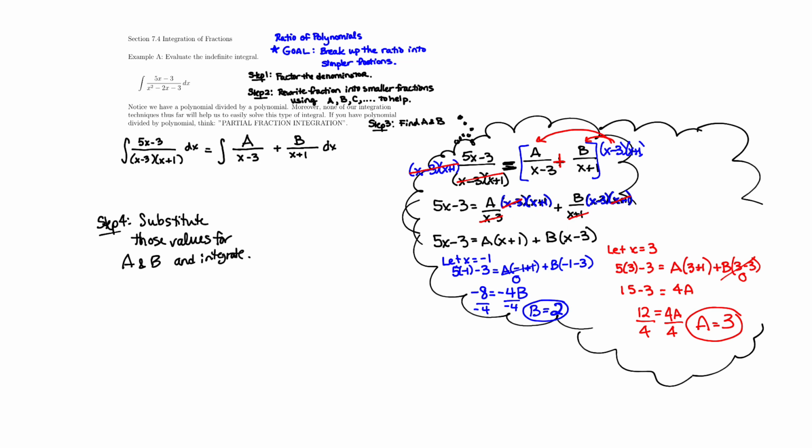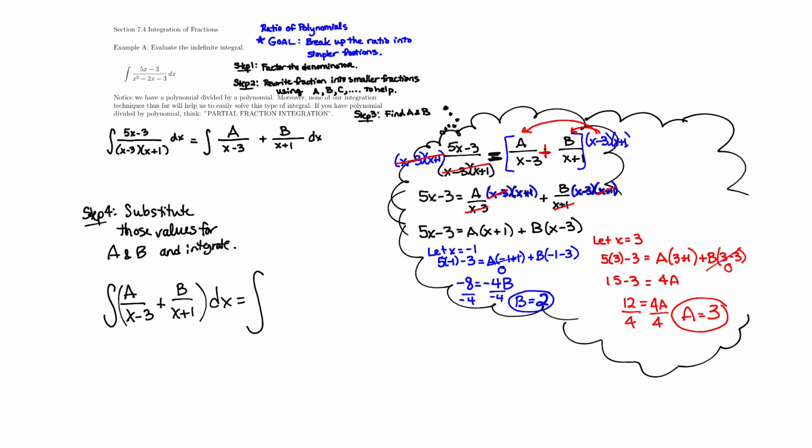All right, so I have the integral of a over x minus 3 plus b over x plus 1, and I'm going to be replacing a with 3 and b with 2.